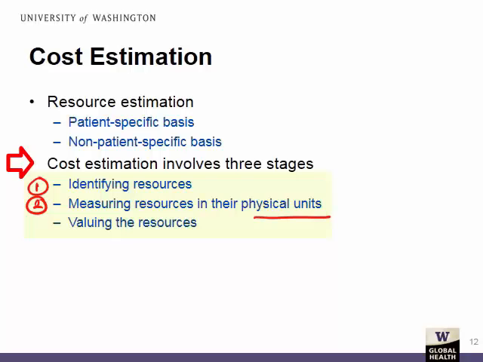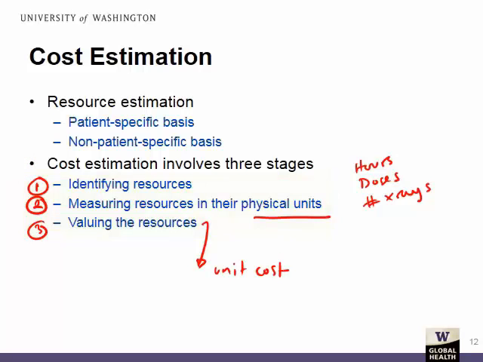Physical units just mean if you have personnel, you have hours. If you have medicines, you have doses. If you have an X-ray, you have the number of X-rays performed or the number of scans performed. And then the third step is to value these resources, which essentially means assigning the unit cost. So these are the 3 steps of estimating cost.